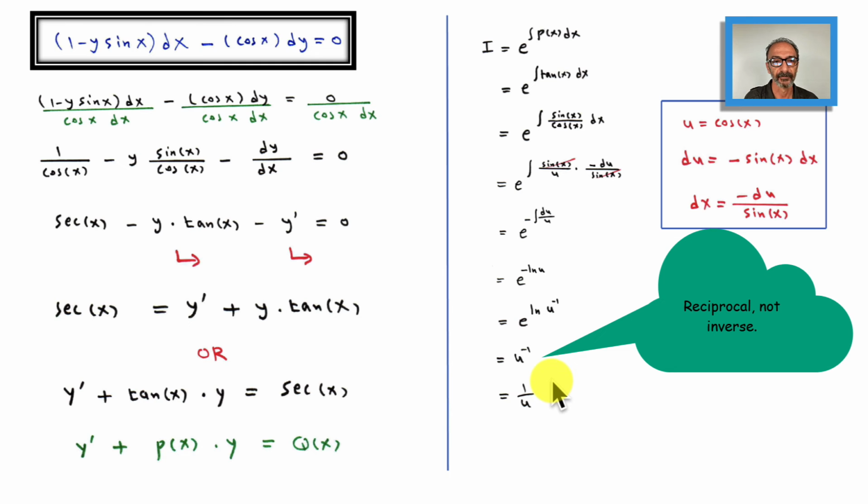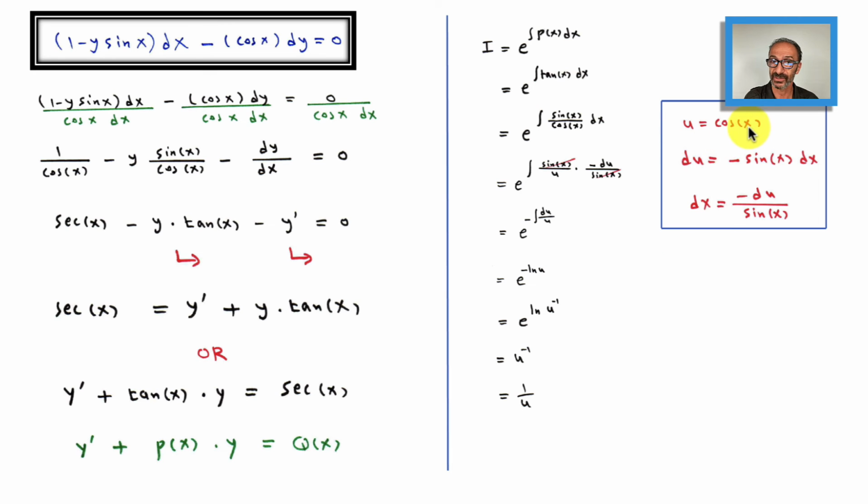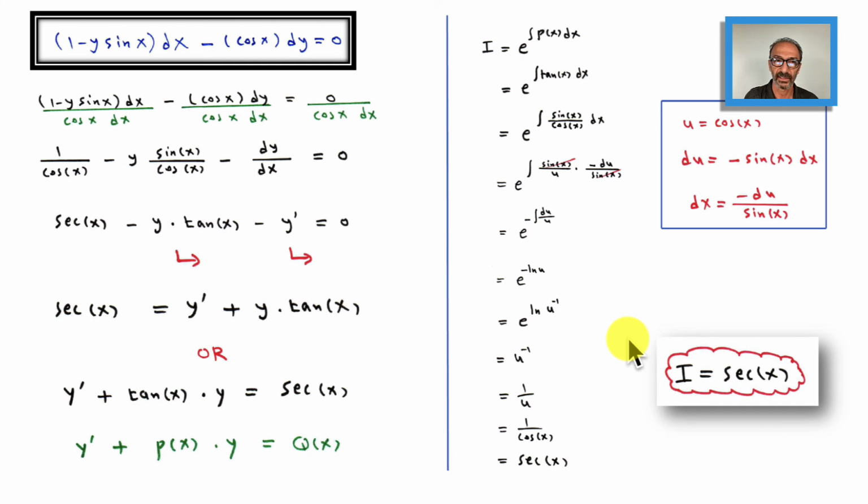My mistake. So now we have 1 over u, and we agreed that u is cosine x, so that is 1 over cosine x, which is secant x. So this whole thing is I equals secant x.